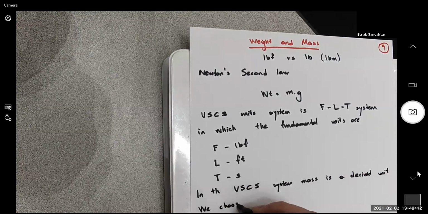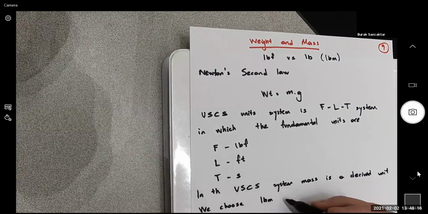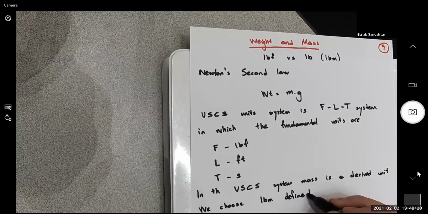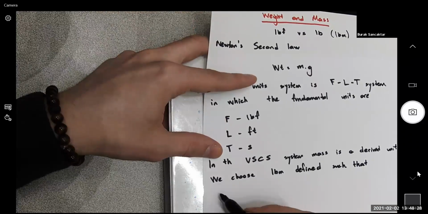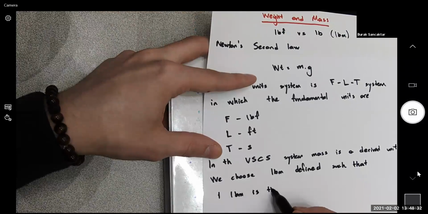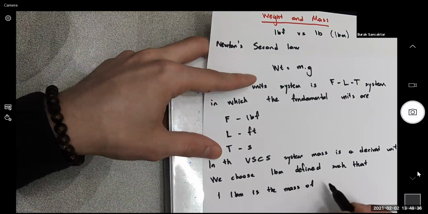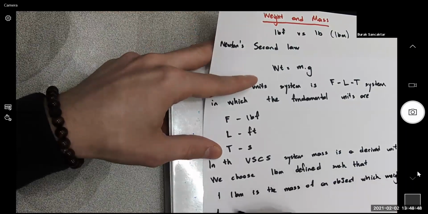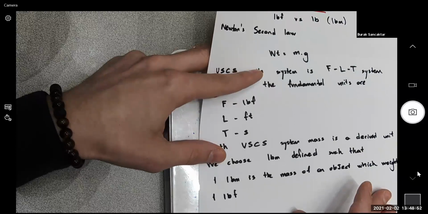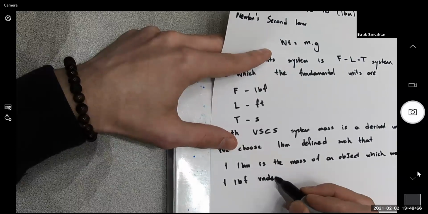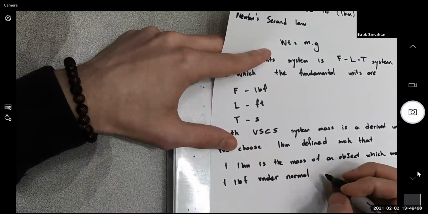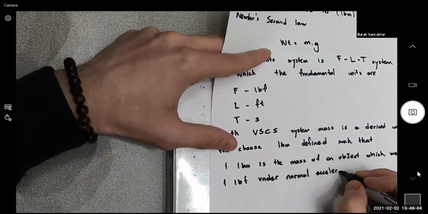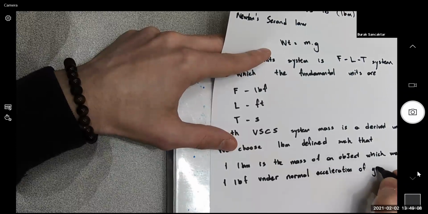We choose mass to be defined such that one pound mass is the mass of an object which weighs one pound force under normal acceleration of gravity.